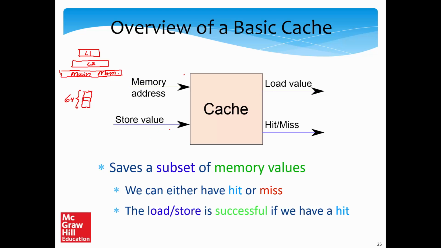For a store, same way, if the block is not there, we'll have a miss. But if the address of the block is there, we can perform a store. A store will only have a memory address and a store value, so for a store, a load value makes no sense. So what are the basic problems? We need to make a hit or miss decision first. If there is a cache hit, we need to perform the load or store.